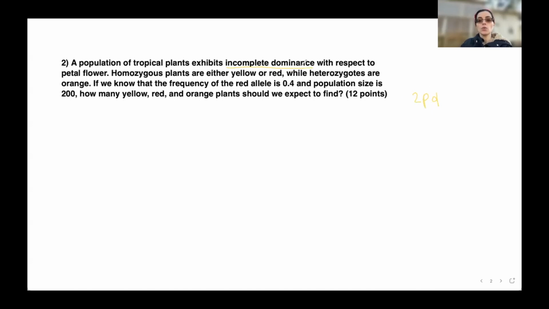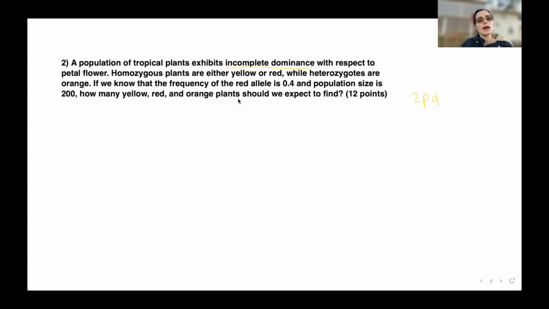Well, here, when you have incomplete dominance, you basically have two alleles that are exerting the same effect. So when they are together, when you have a heterozygous genotype, you get an intermediate phenotype.